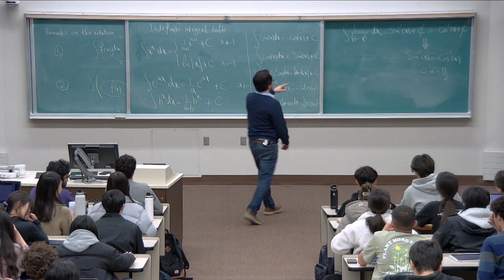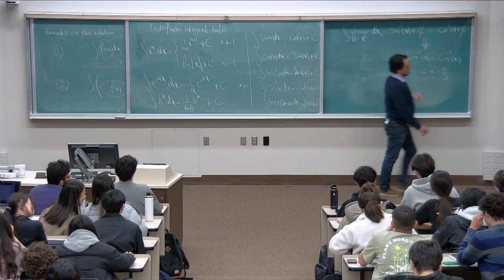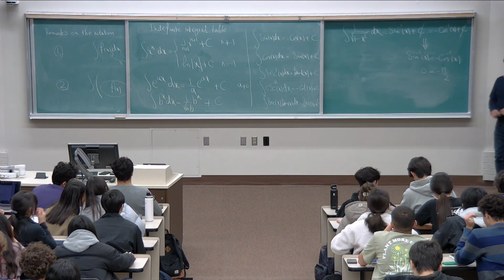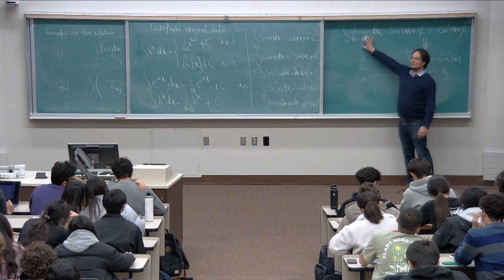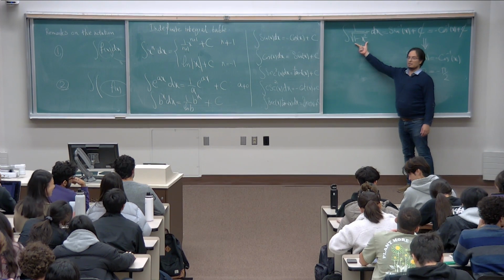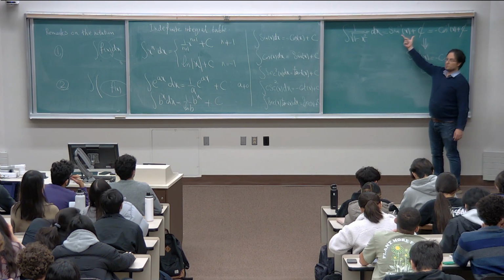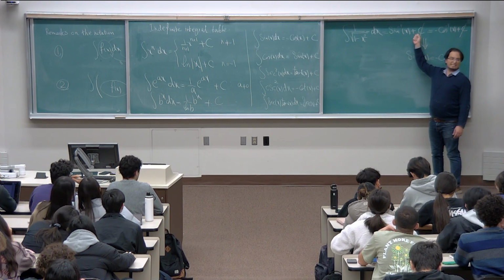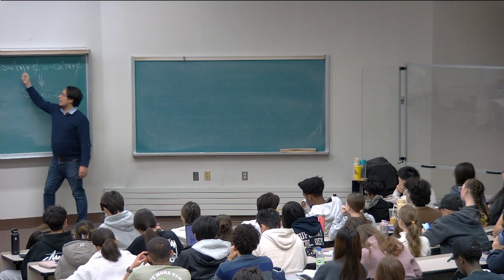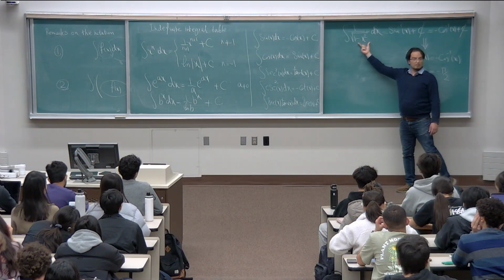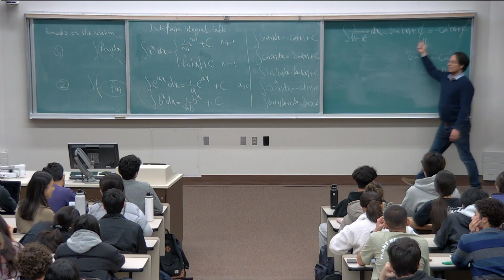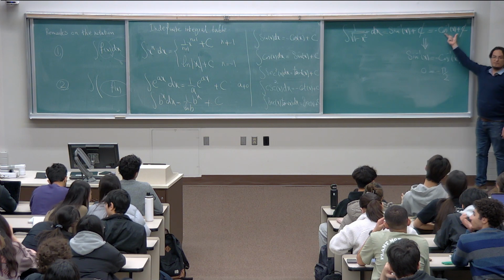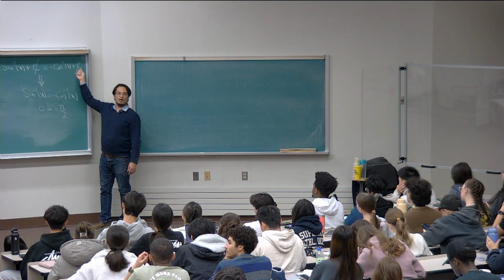Let's go back to the first line that we had there. This says antiderivative of this guy is always of this form, sine inverse plus a constant. And also it says antiderivative of this guy is negative cosine inverse of x plus a constant.